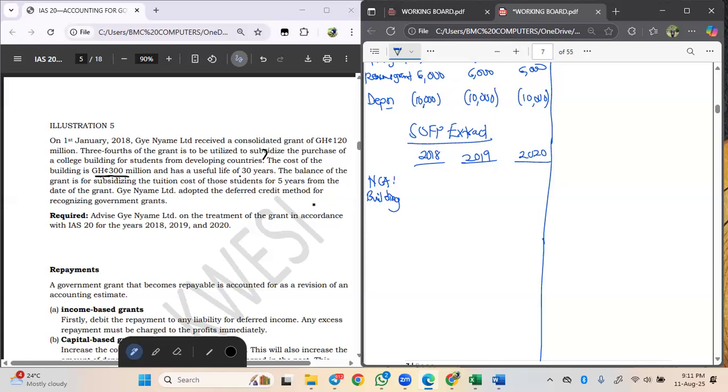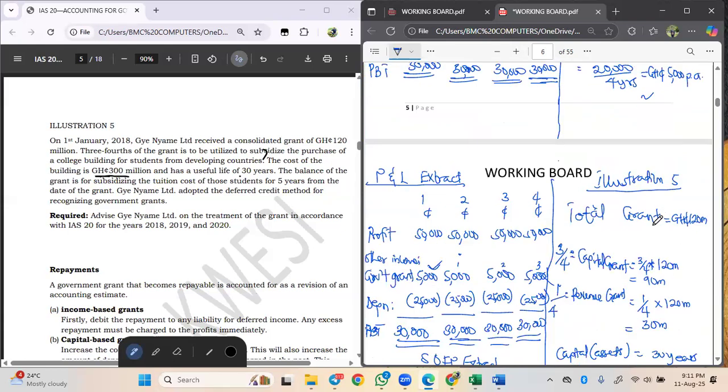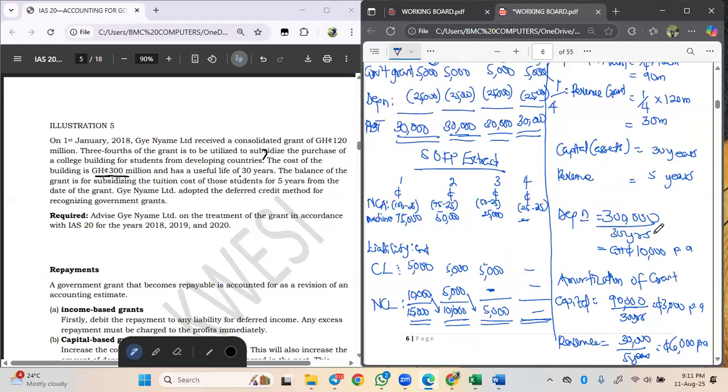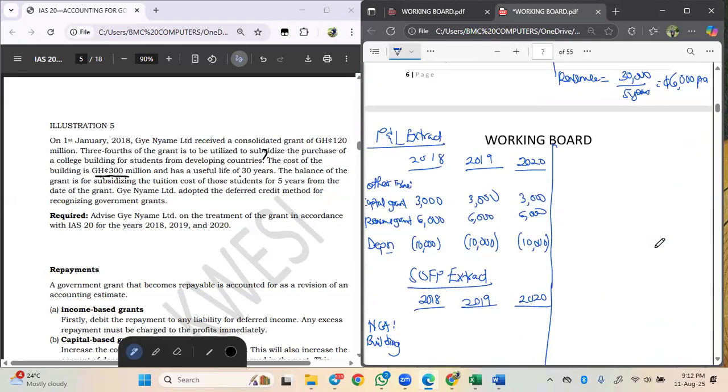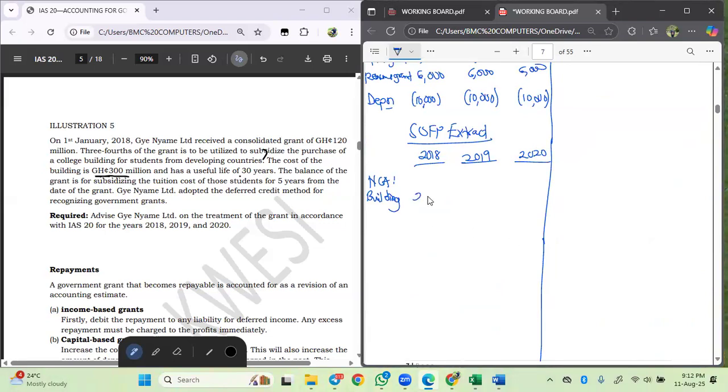For the first year, it will be carried at 290. The cost of the asset is 300,000 minus the first depreciation of 10,000, so 290,000. What about year 2? It will be 280. Every year it decreases by 10,000. Then 270.